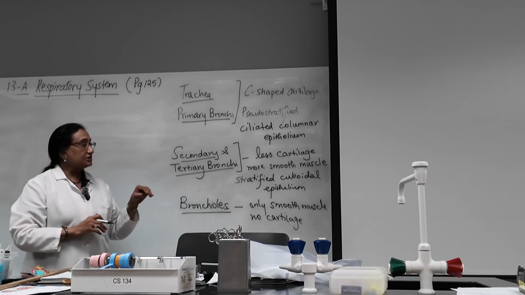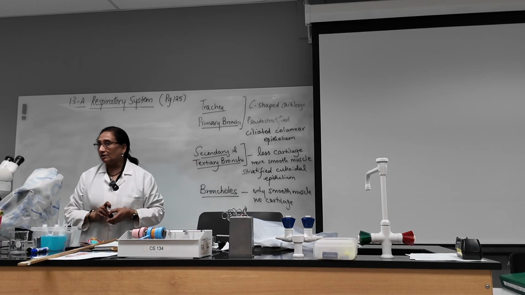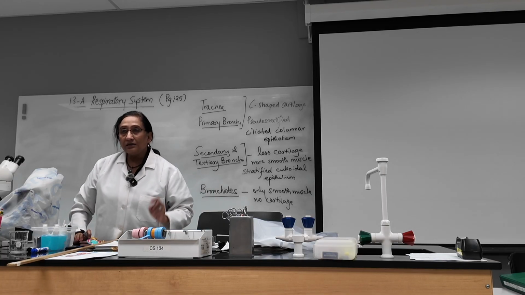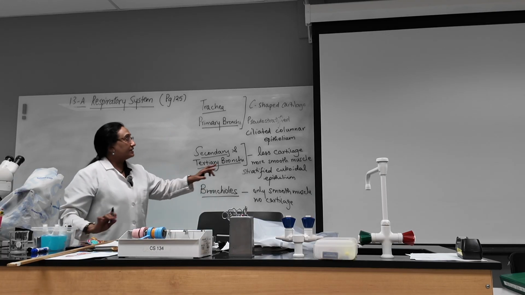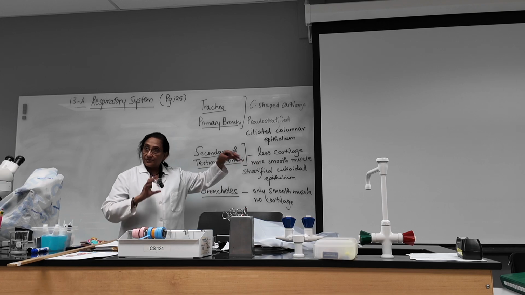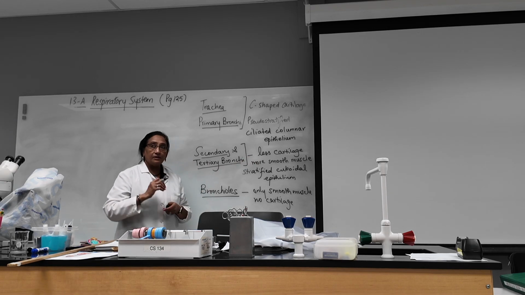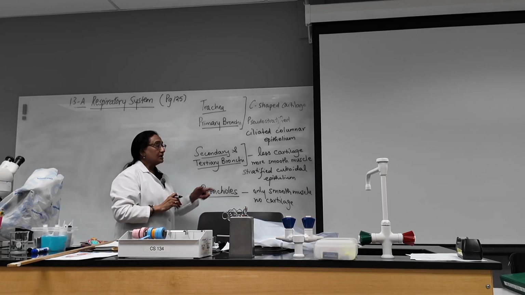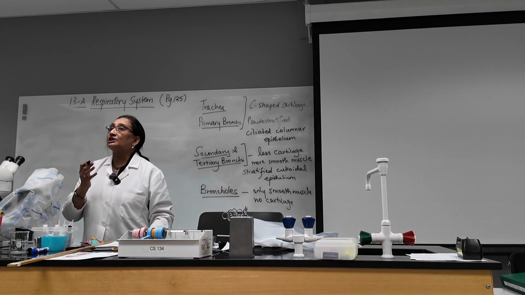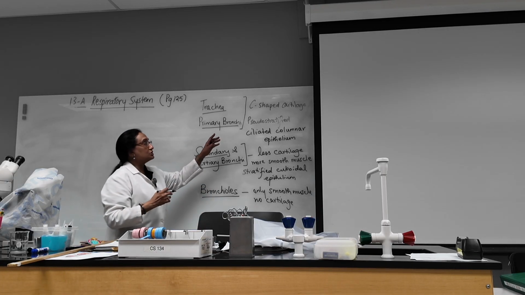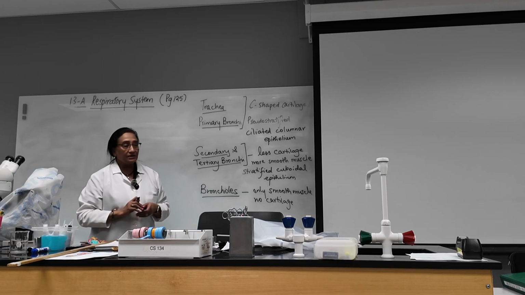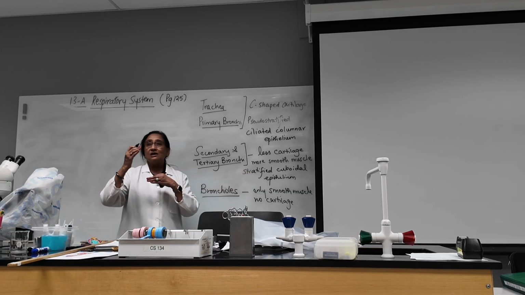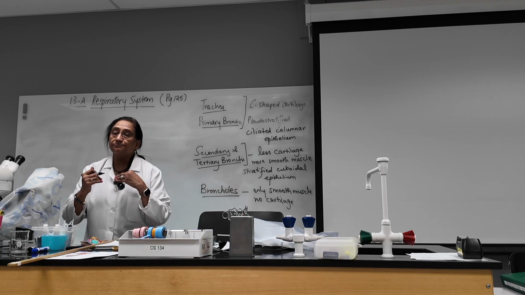As it branches into secondary and tertiary bronchi, the cartilage will slowly keep on getting reduced. And there will be more smooth muscle that forms the tube, and the epithelium will also change. It's no longer going to be pseudostratified ciliated columnar. In some places it becomes stratified cuboidal.